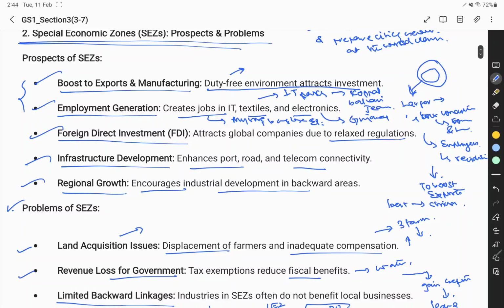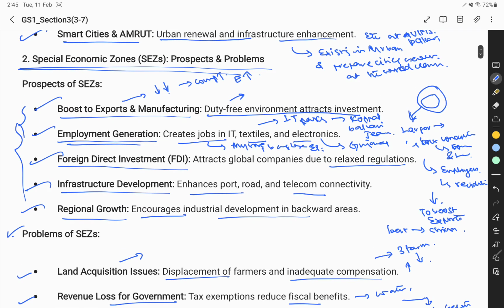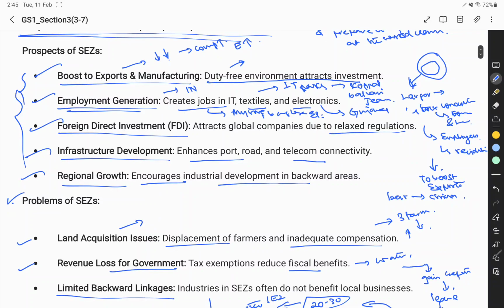then infrastructure development, regional growth. I'll just tell the differences among these points. To boost export, how it is boosting: the taxes are reduced, which means the prices of the goods are also reduced, and hence competitiveness increases, so exports increase. Then employment is generated, it creates jobs in IT, because as soon as the investment comes, foreign direct investment, employment generation happens.